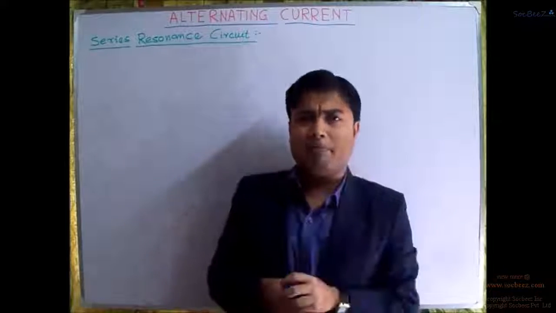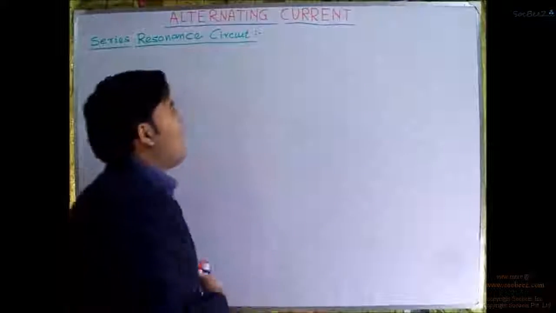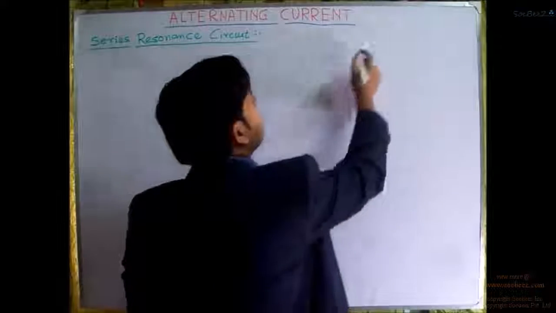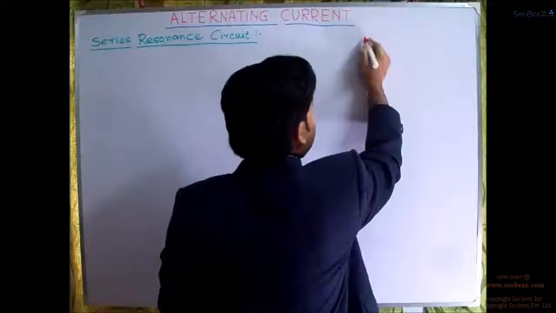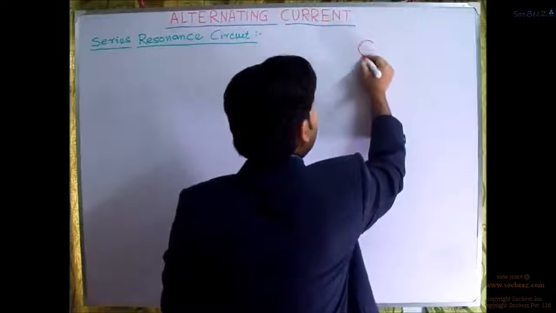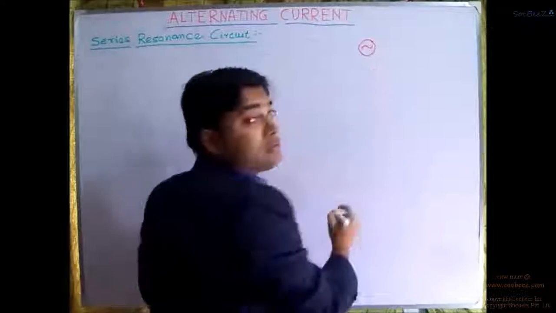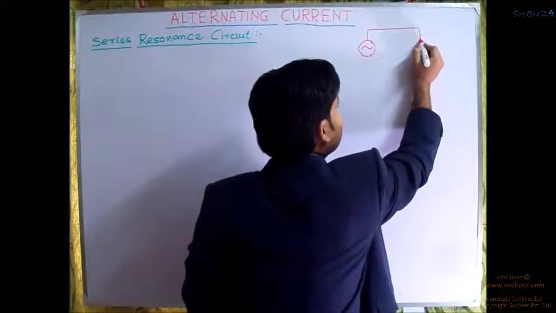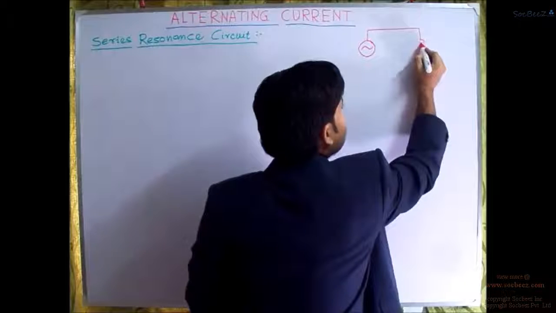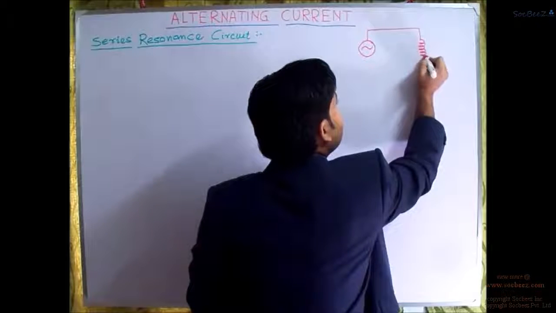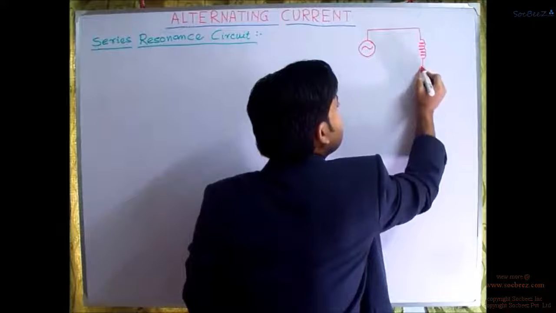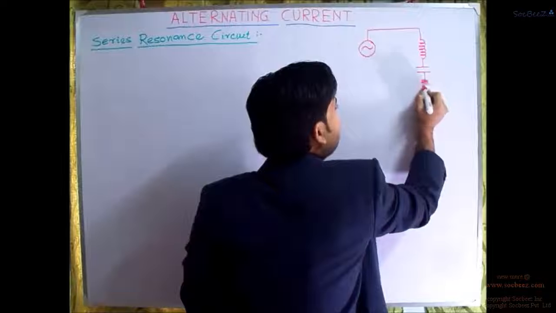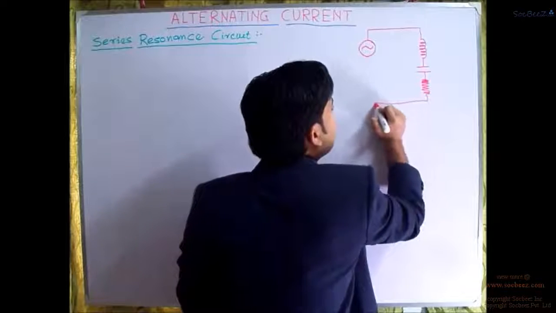So now let us look at how things actually are. First of all, this is, for example, the AC supply, and it is connected to an LCR circuit: this one is an inductor, this one is the capacitor, and then a resistor over here.